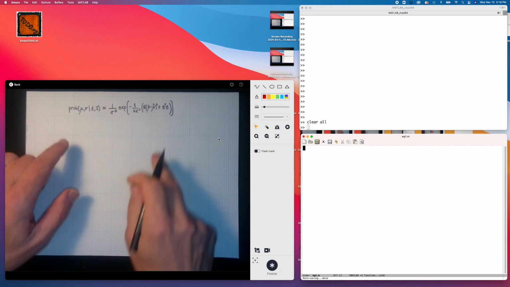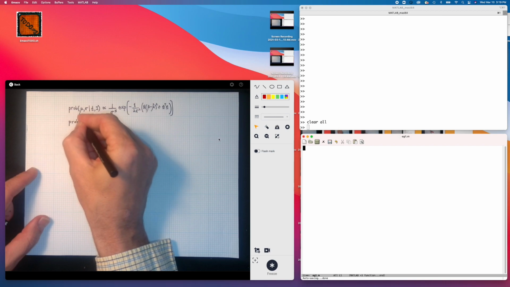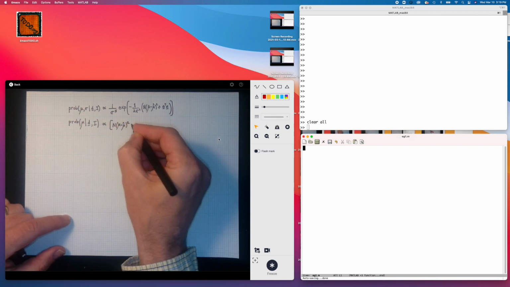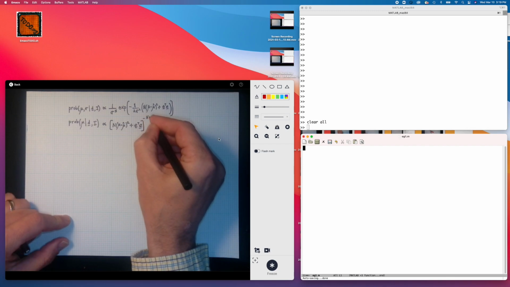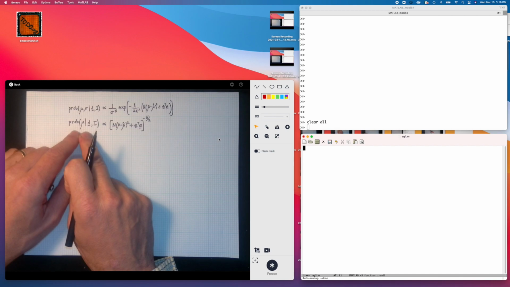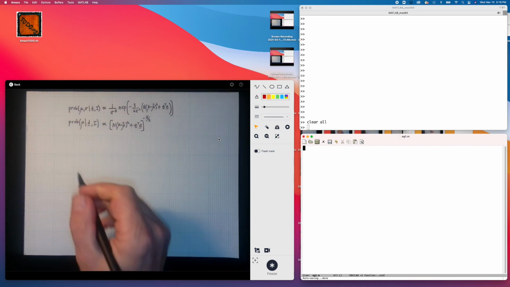Then we showed that the marginal probability for mu after integrating out sigma was the following. And we never showed what the marginal probability distribution was if we integrate out mu instead of sigma. So let's do that integral right now.